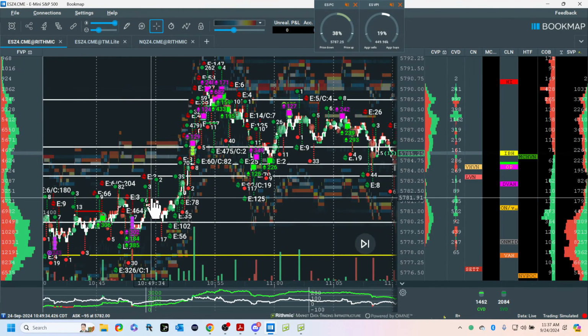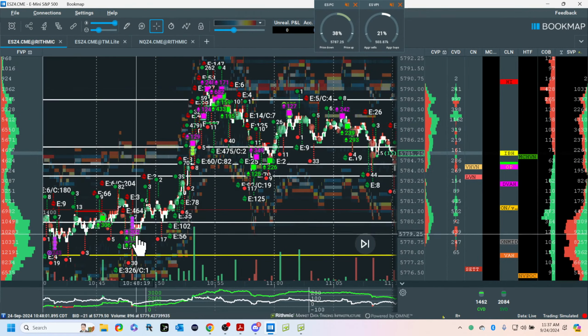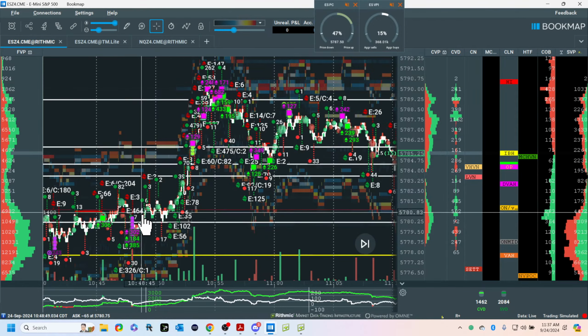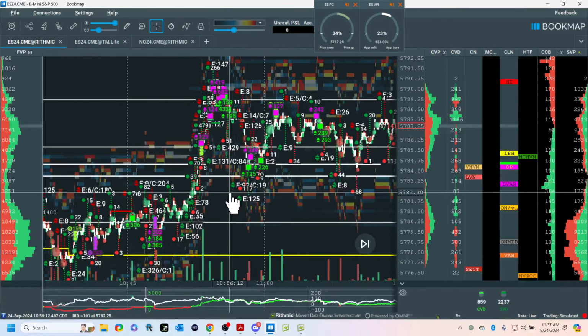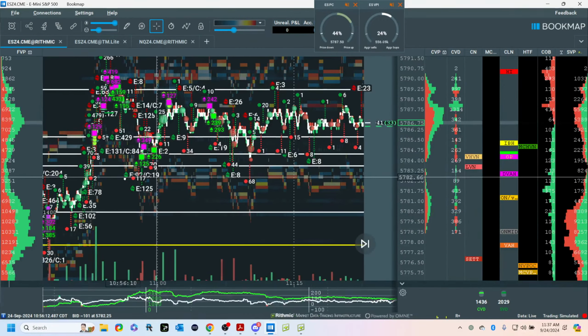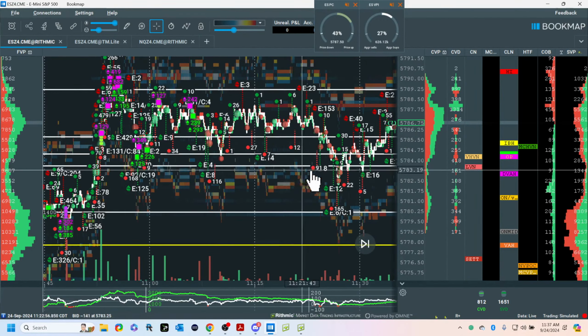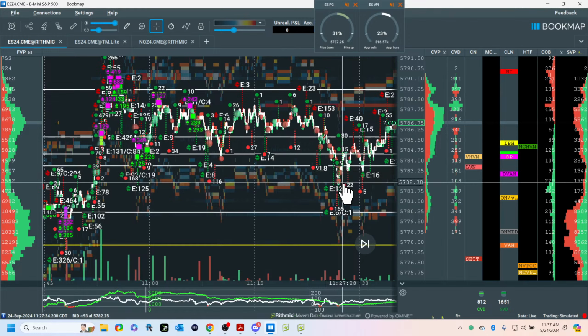Sellers were here, sellers were here. Buyers are here. Notice the buyers here, and then we blast off. Might this be support? Remember? Wasn't this a long we were talking about? And all we did was pick off the stops, get a trigger. They were absorbed.